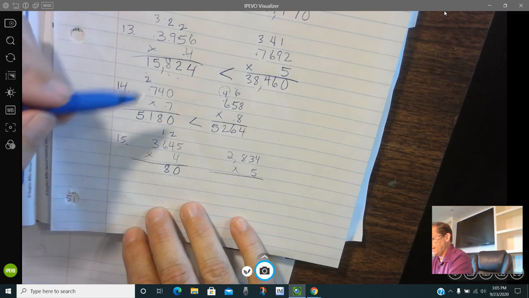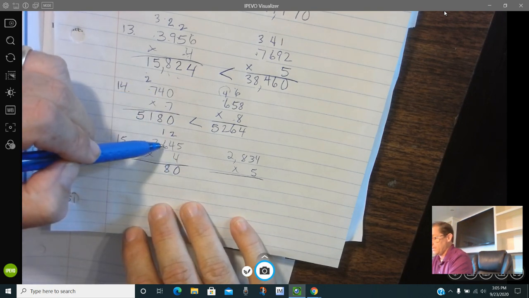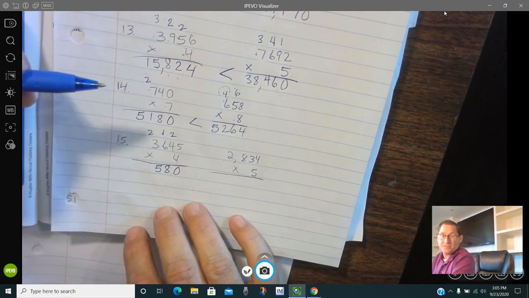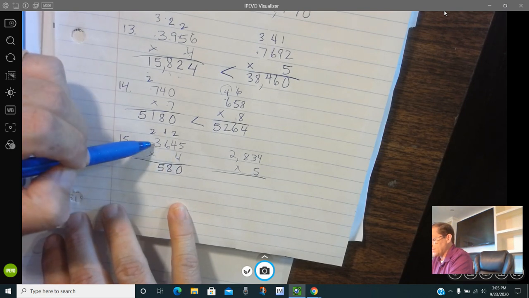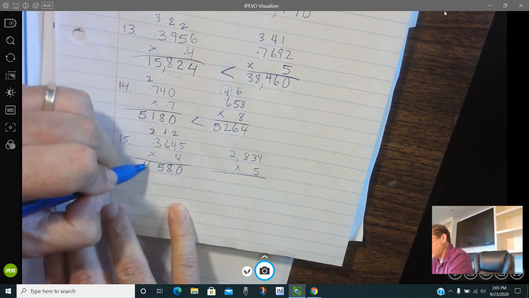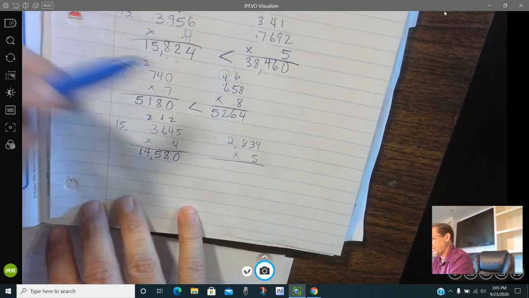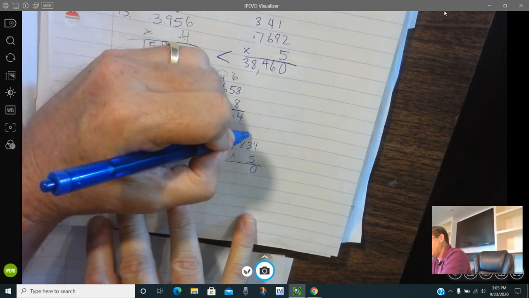Rename as 180 tens. 4 sets of 600 is 2,400, plus 1 more is 2,500. Rename that as 2,000s and 500s. 4 times 3 is 12,000, plus 2 more, 14,580.